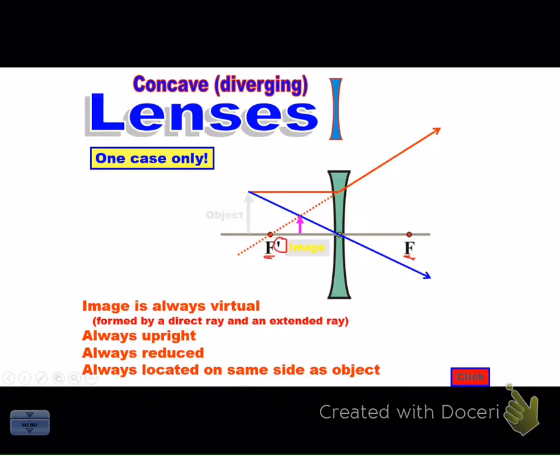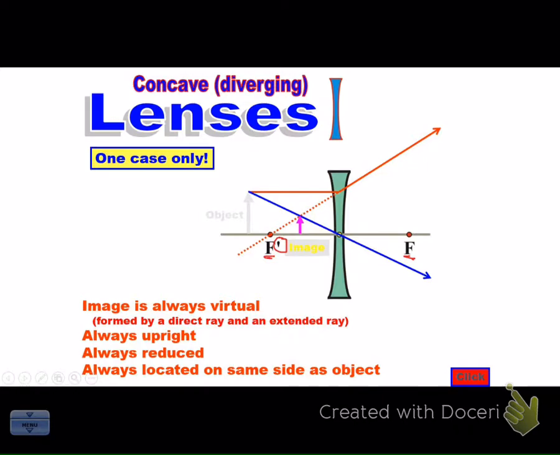And then the second one's going to go right through the center of the lens. And then what we have to do now is take that first ray that diverged, and we have to trace it backwards. And that's a little bit harder part for these diverging lenses. We have to trace it backwards and see that we have it crossing on the object side of the lens.